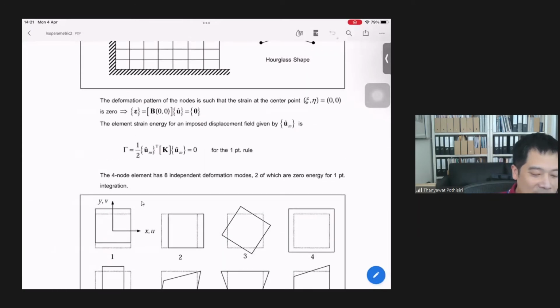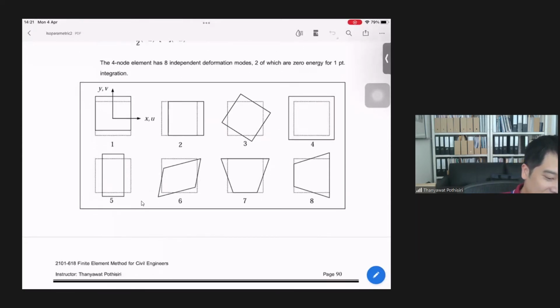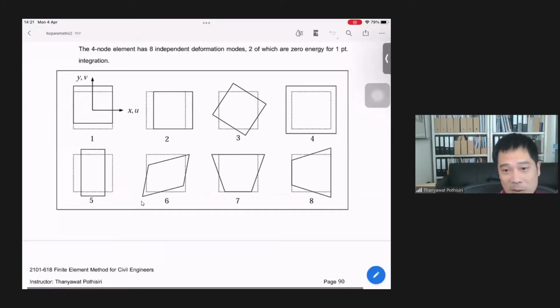The answer would come from looking at different modes of deformation for your elements. Okay.